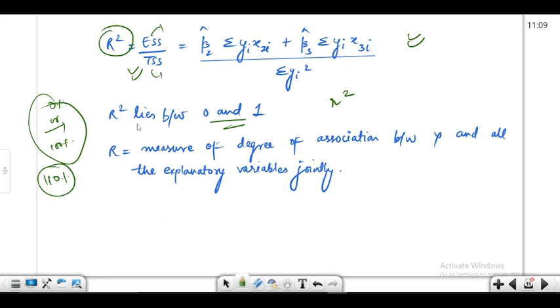So the value has to lie between 0 and 1. And this is R square. R is basically the measure of degree of association between y and all the explanatory variables. So this is the difference. This is the measure of degree of association, while R square is the measure of the proportion of explanation in the variation. Just try to remember this.